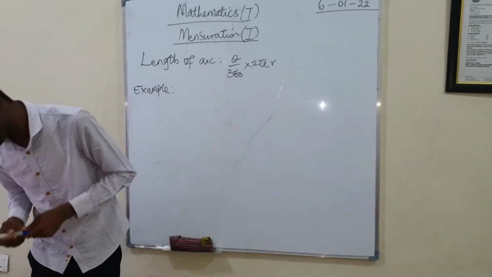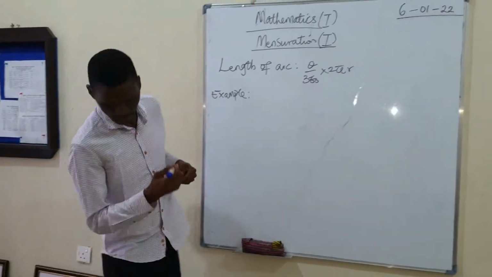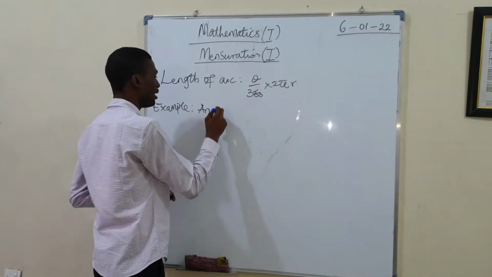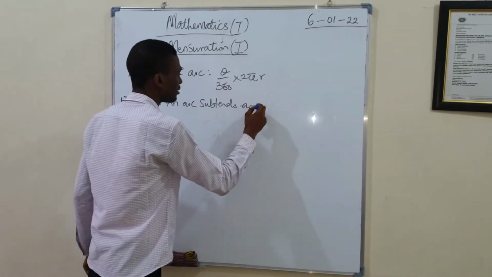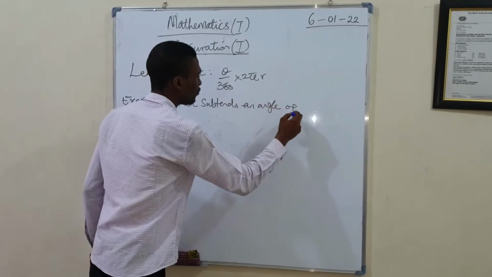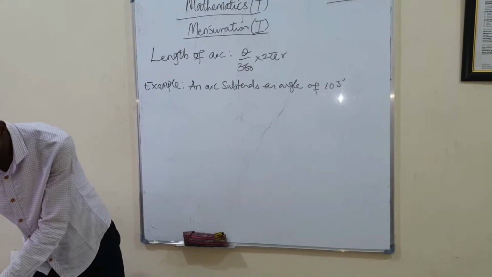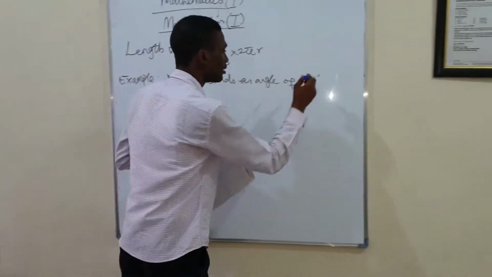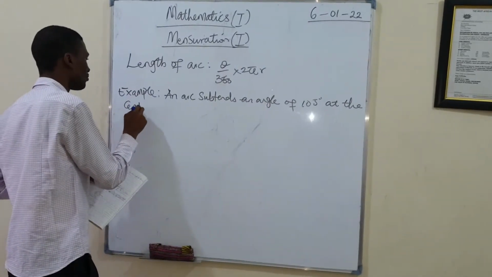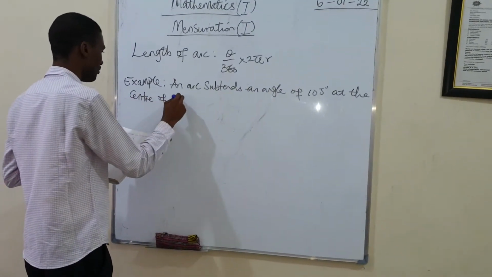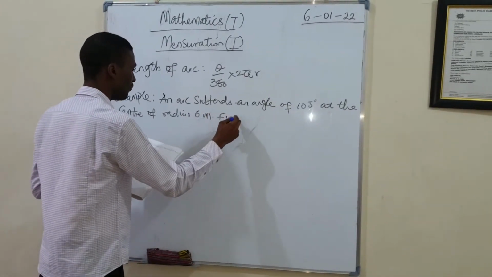So look at a question. An arc subtends an angle of 105 degrees at the center of a circle of radius 6 cm.